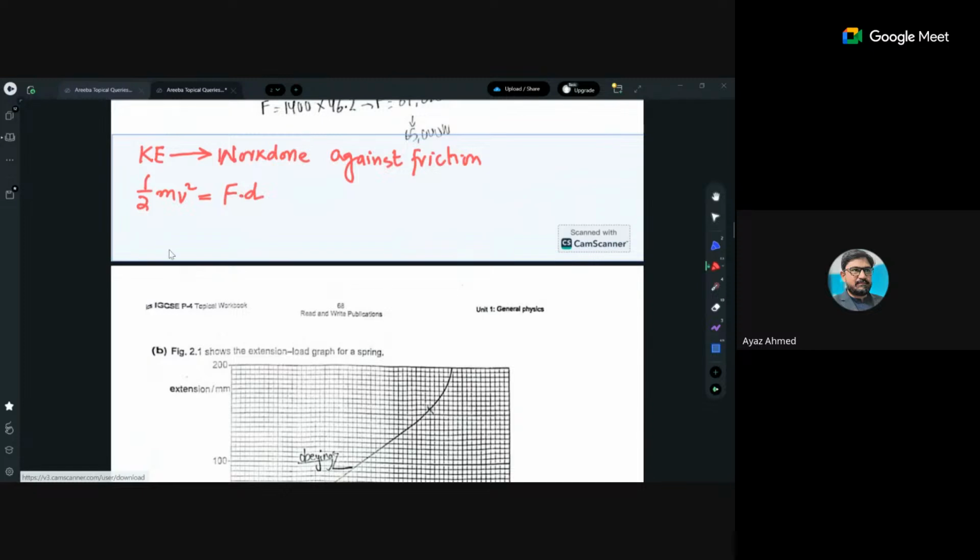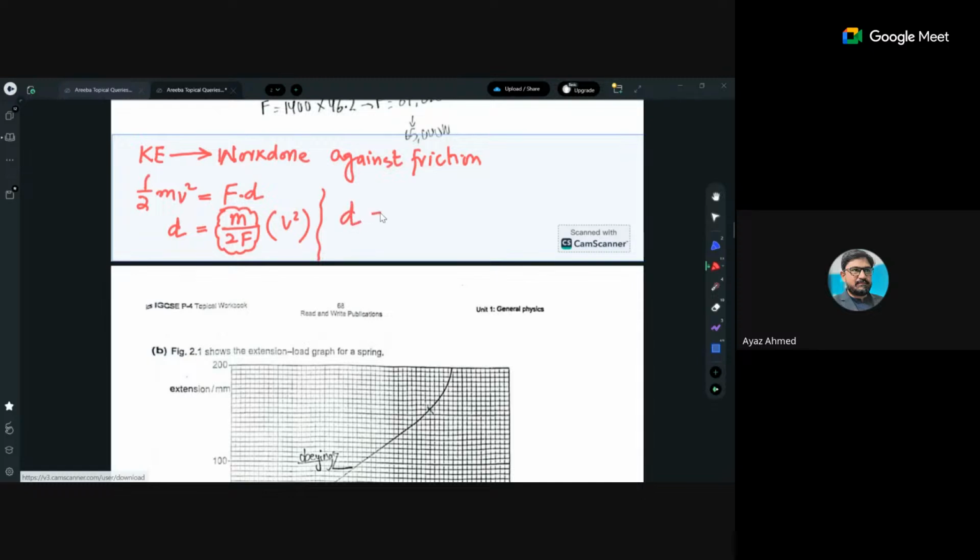Okay, so there are some questions which are solved by this formula nowadays. So you are applying the constant braking force because it is mentioned. So if I say that distance is equal to m divided by 2f into v square, so mass of the lorry is constant, 2 is a constant number, force applied is constant.